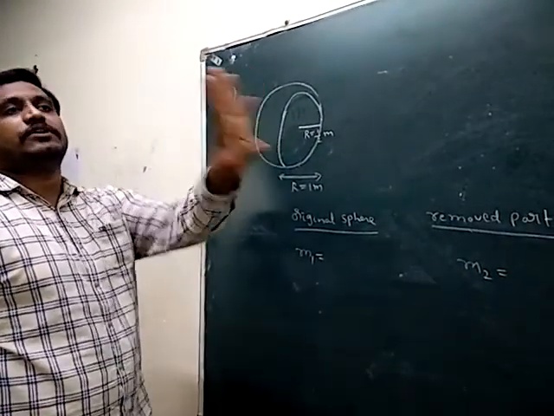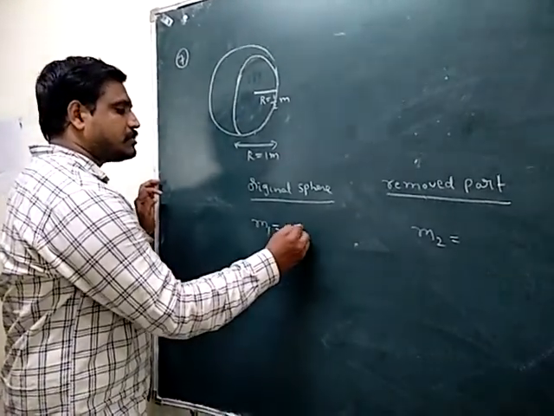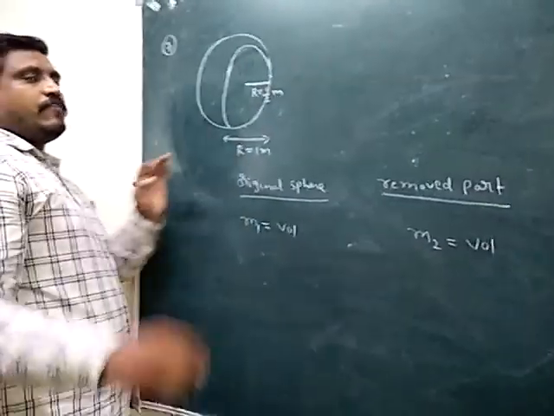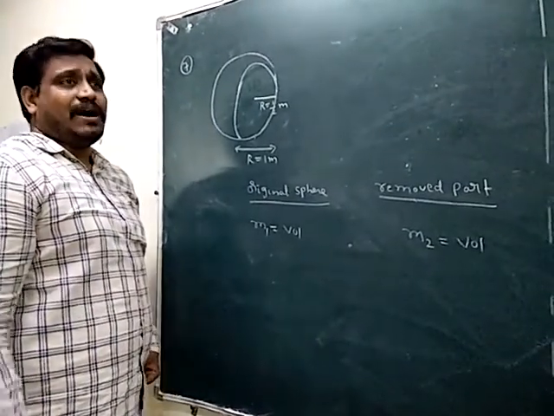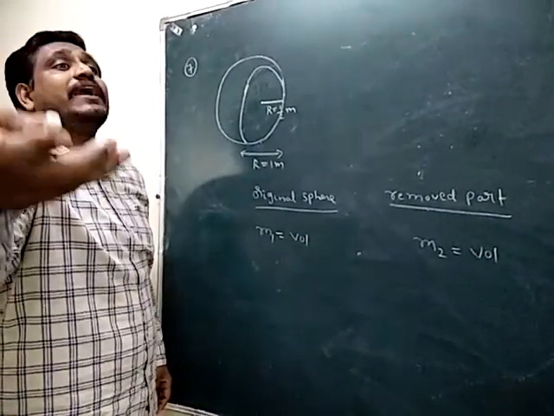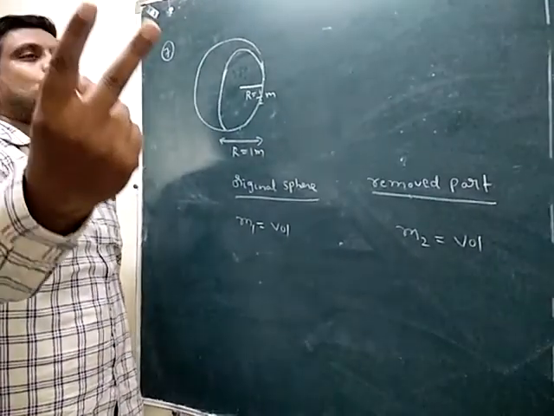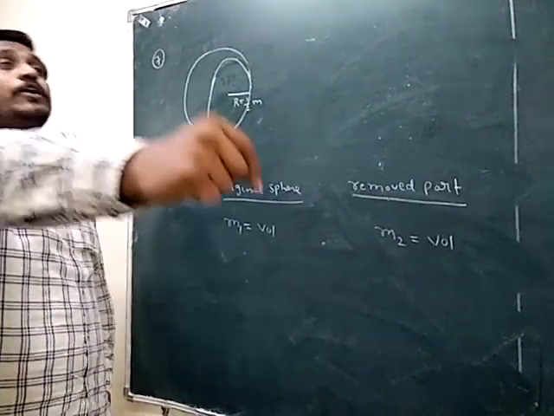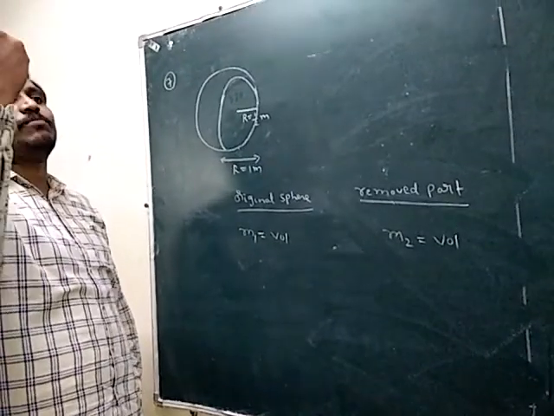For example, this question is a sphere. Sphere is 3 dimensional. 3 dimensional means mass depends upon the volume. For example, if the given body is a circular disc, mass depends upon the area, because a circular disc is a 2-dimensional body. Square is also a 2-dimensional body.